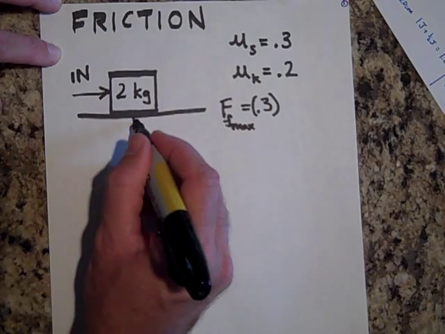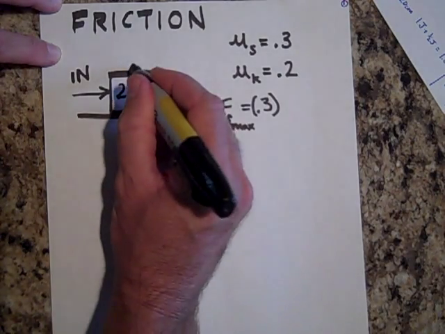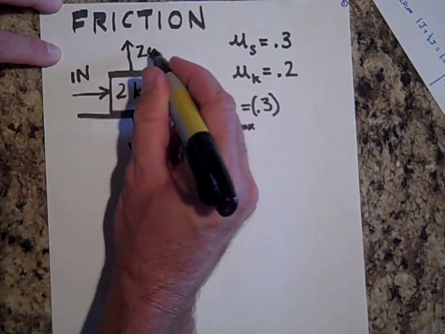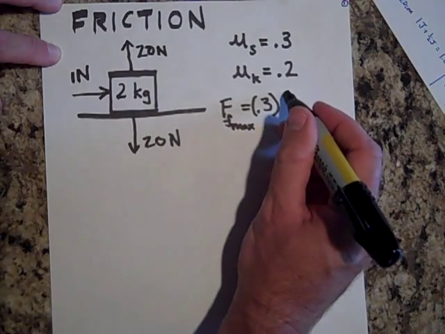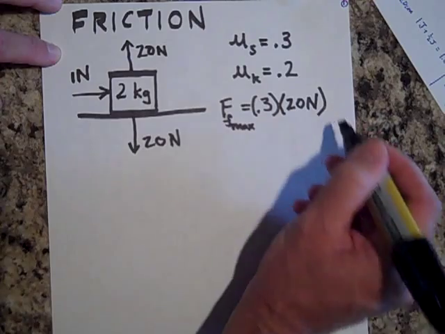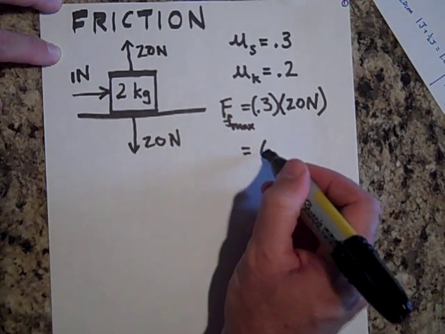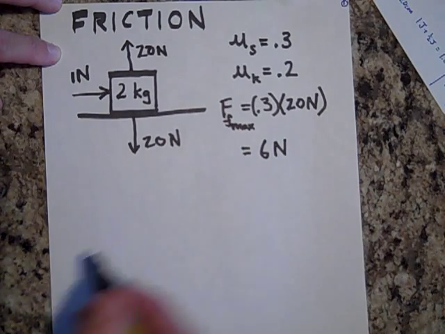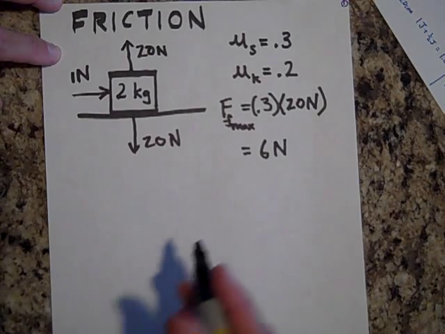Now the normal force, since this is 20 newtons down, the table must be pushing up with 20 newtons. So that's 20 newtons. If you do the math there, that looks like it's going to be 6 newtons. That's the maximum force of static friction.